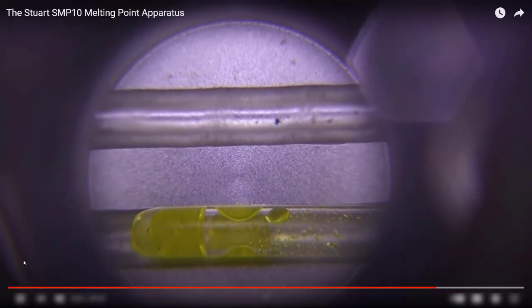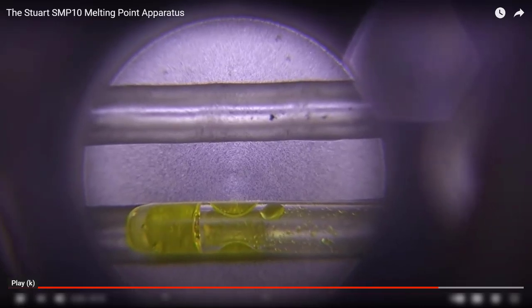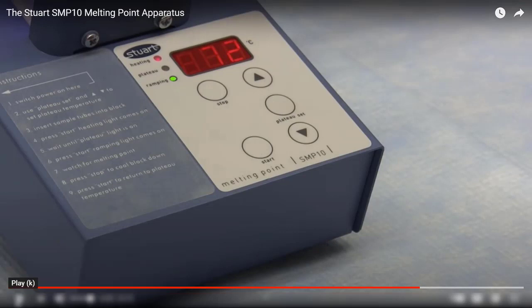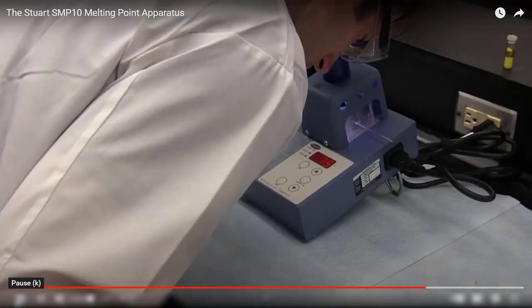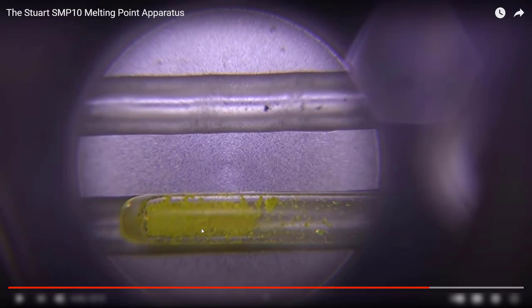Okay, can you see that the solid already melted? Maybe I'll show it again. You see here, slowly, it starts to melt.